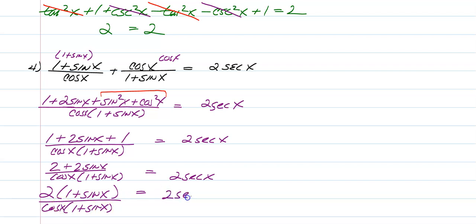That's leaving you with 2 secant x. Now notice that the top and bottom have 1 plus sine x, so we can cancel those. So 2 divided by cosine x is one of the reciprocal identities. So that's going to turn into 2 secant x is equal to 2 secant x.